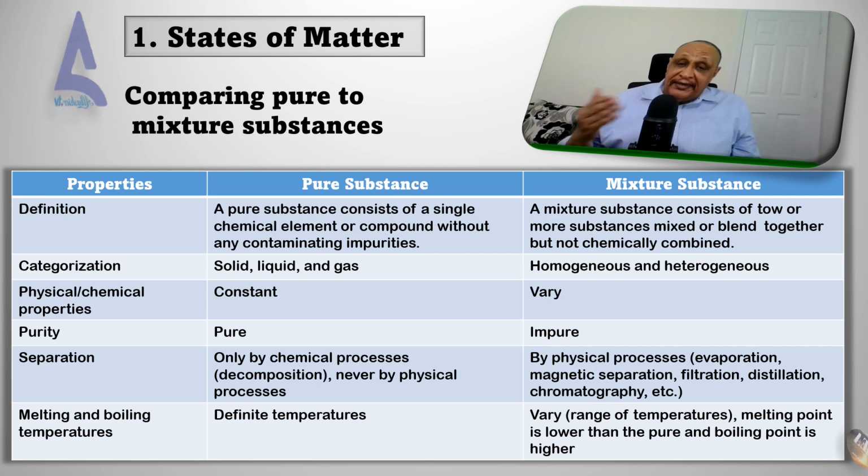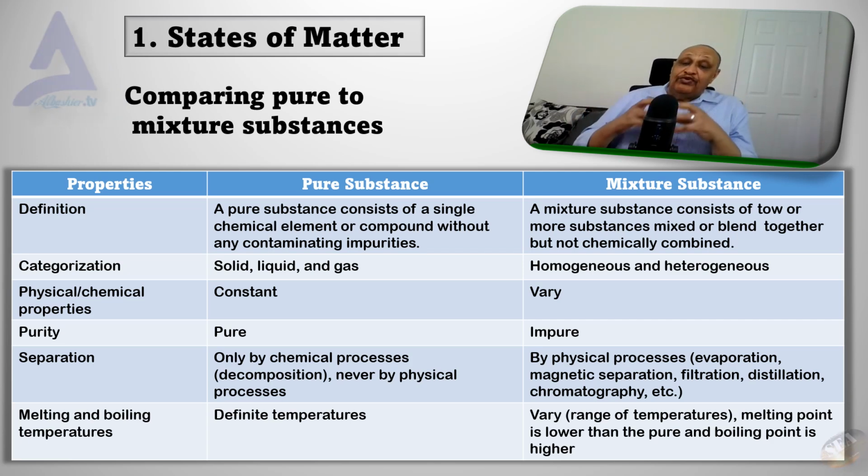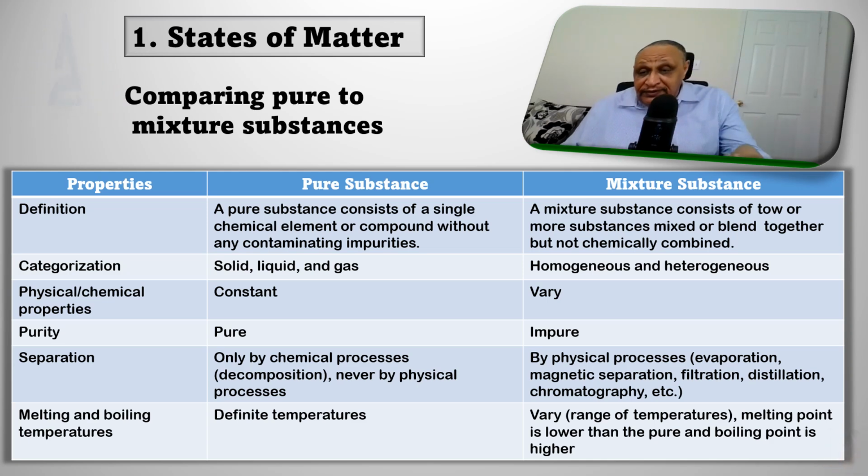The melting point of the mixture is lower than the pure, and the boiling point is higher. So the boiling point and the melting point could be used as a test to differentiate whether it is a pure substance or not.